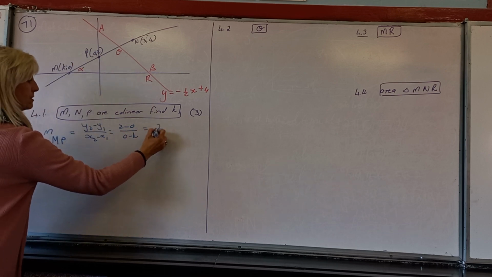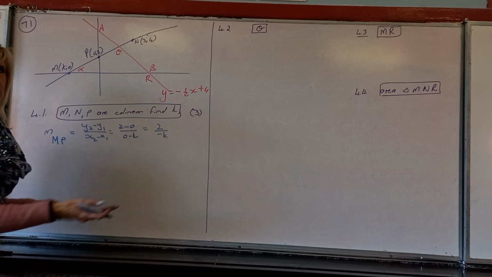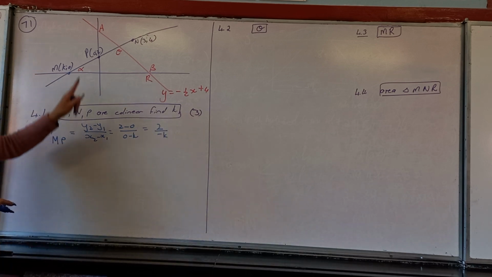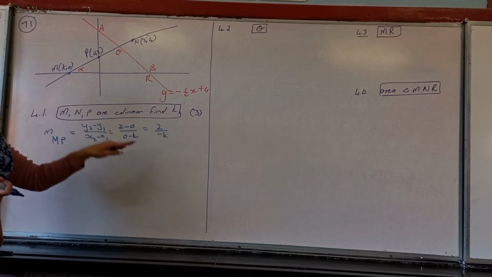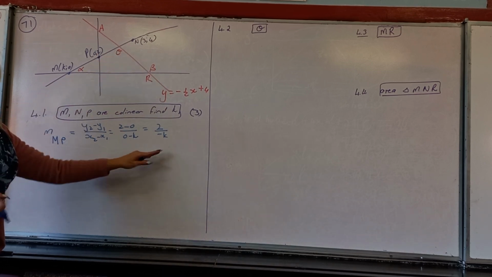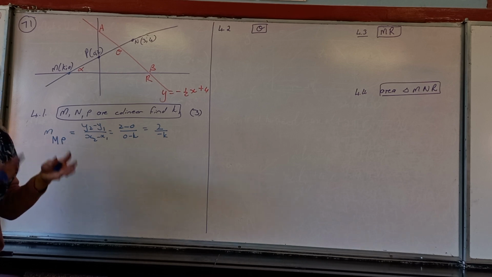But then I can't get an answer for that. But now I also know the gradient between P and N, which I'm going to actually get, and then I can put that equal to this answer.